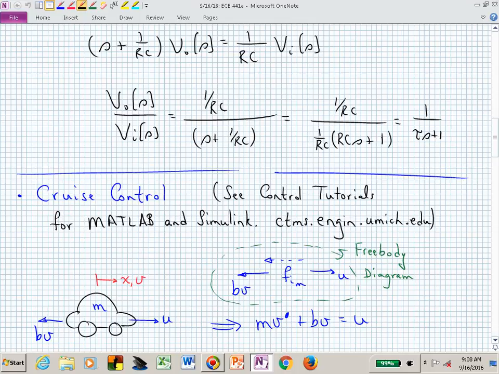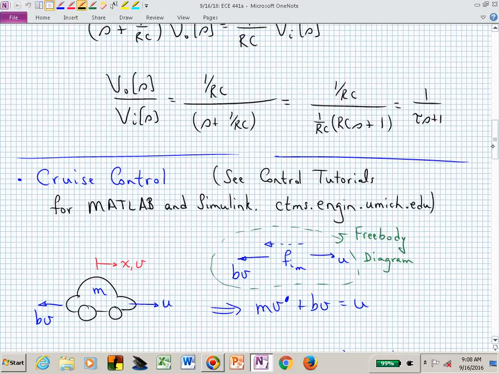The free body diagram then has these three pieces: the inertial force, the force due to the damping, and the propulsion force U. And you can write that equation or find the equilibrium condition, which is just what forces are going left must equal the forces going right, or the algebraic sum of those forces is equal to 0.